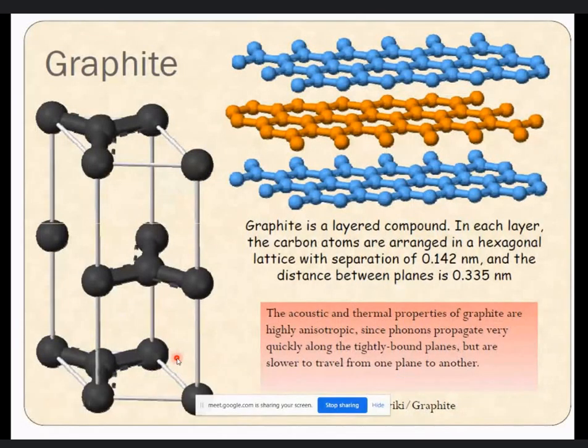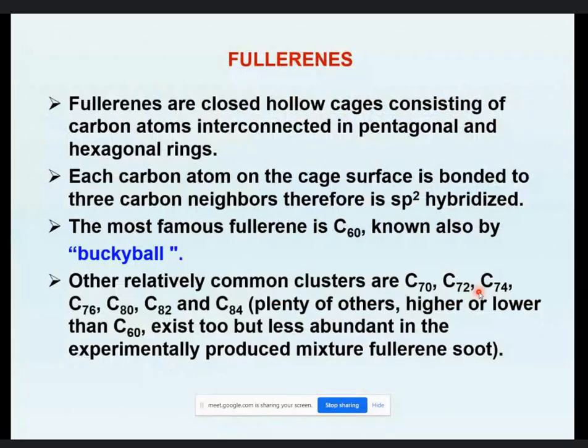Then graphite has this kind of layered structure, all of you know, and the separation is about 0.142 nanometer. The lattice separation, and the distance between the planes, is about 0.335 nanometer. Next, not only diamond and graphite, there is one more allotrope called fullerenes.